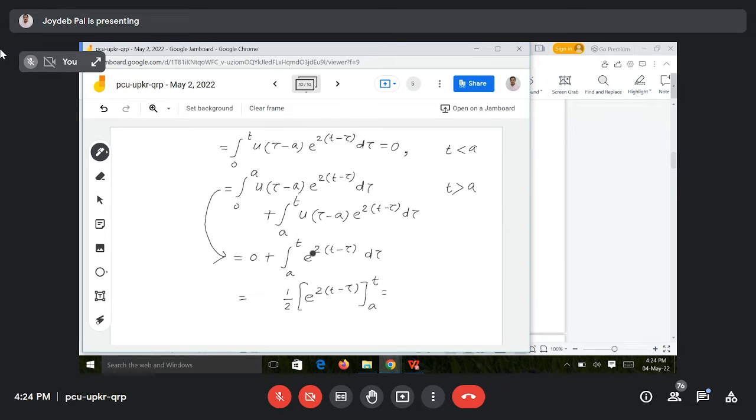We are putting in the value of tau. These limits are values of tau. So 1 by 2, put tau equal to t, then it will be 1. Put tau equal to a, it will be this.